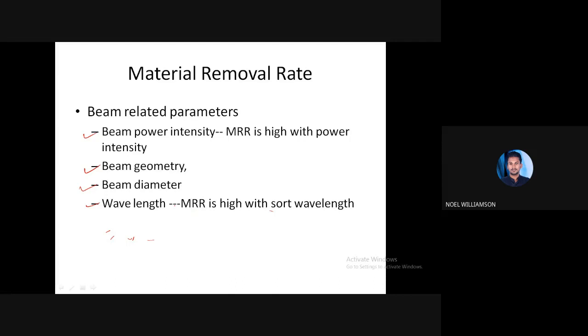So the first classification is the parameters related to the laser beam: the beam power intensity, beam geometry, beam diameter, and finally the wavelength.